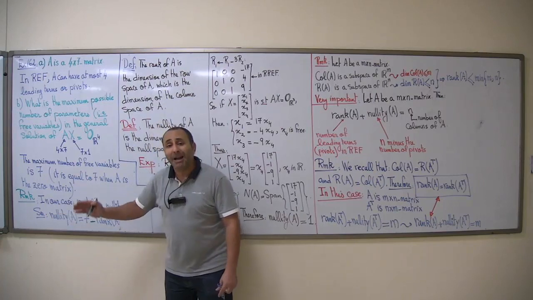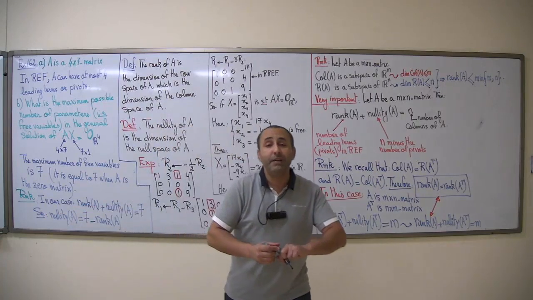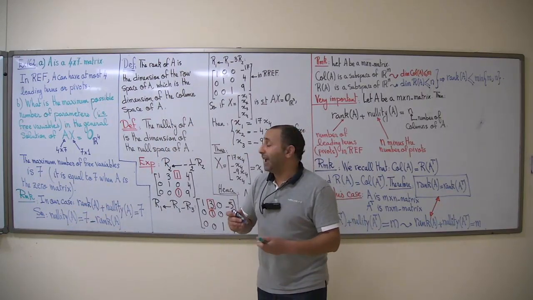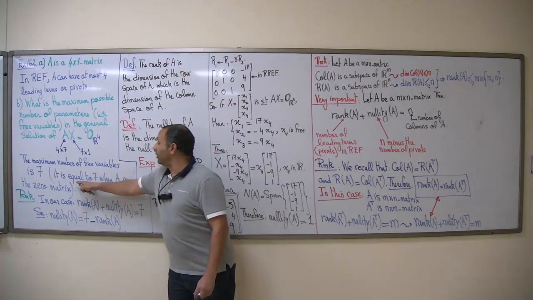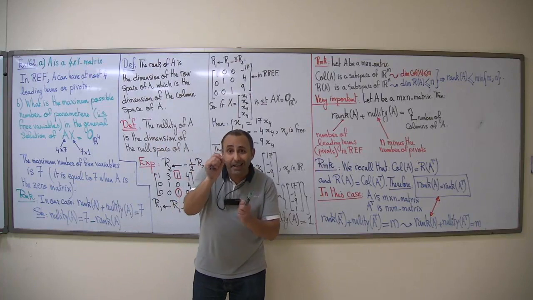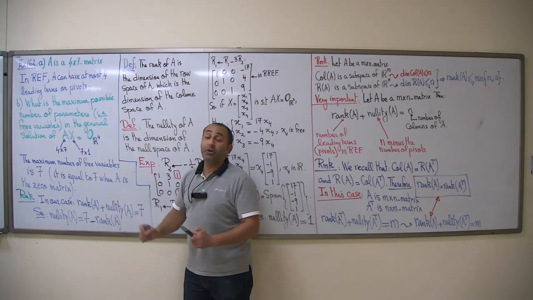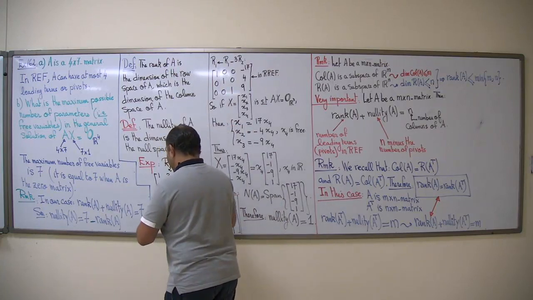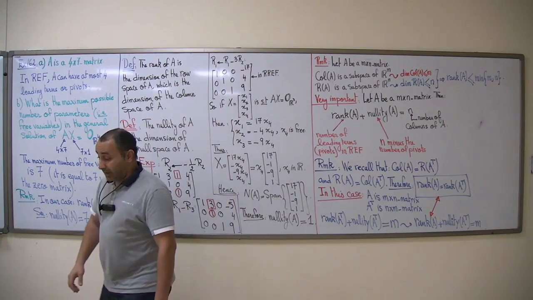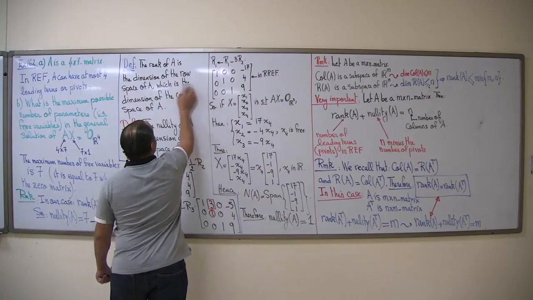That means that is the maximum value for the free variables in the solution of Ax equals 0. And I repeat, this is why I wrote for you here the number 7. You attain exactly the number 7 when your matrix A is the 0 matrix. Okay, so let's continue with the exercise.